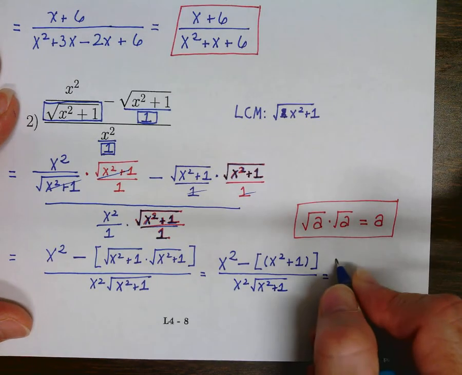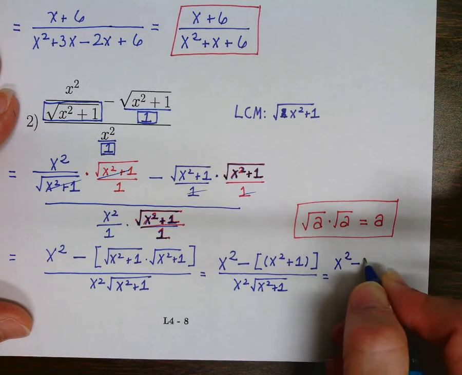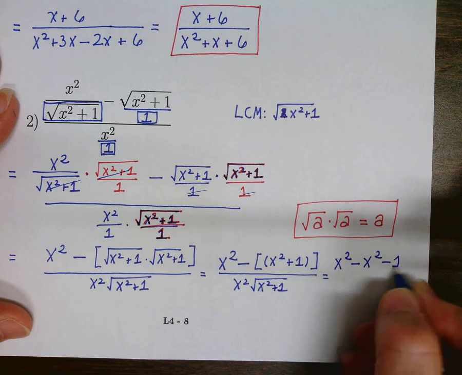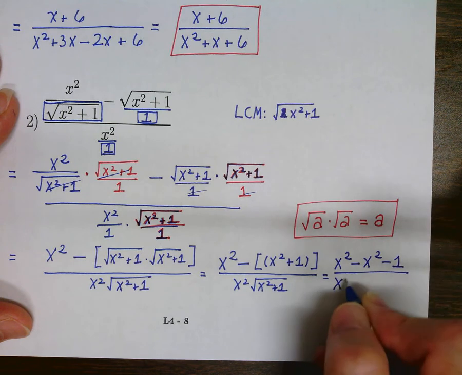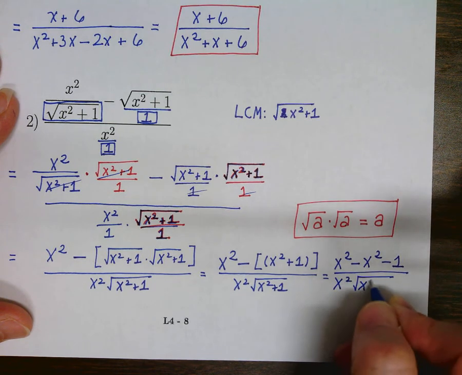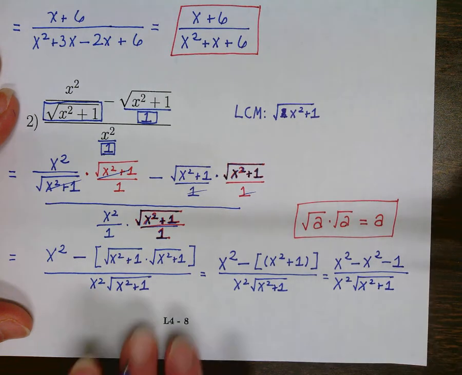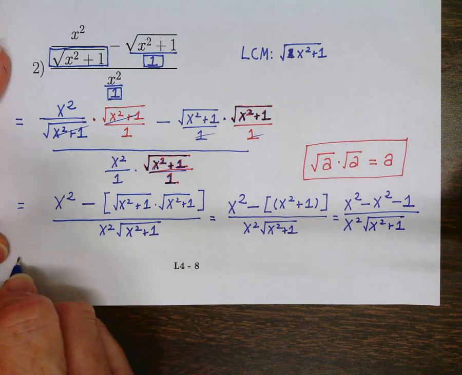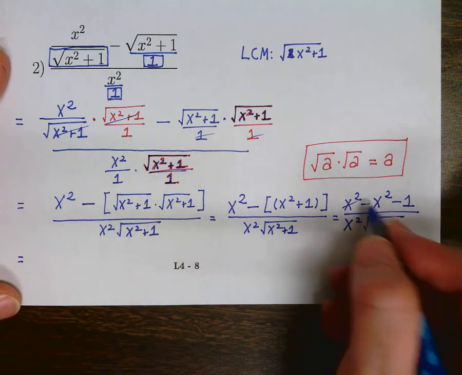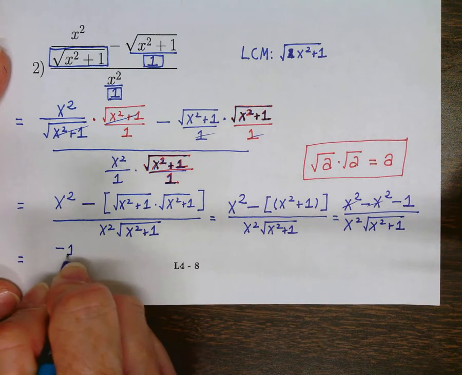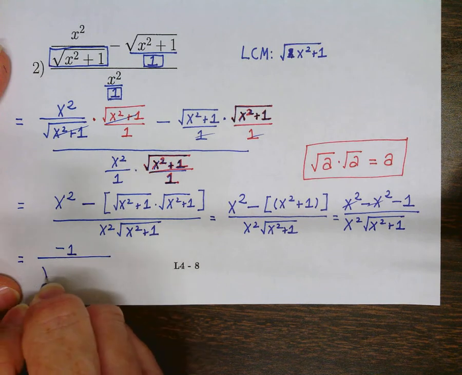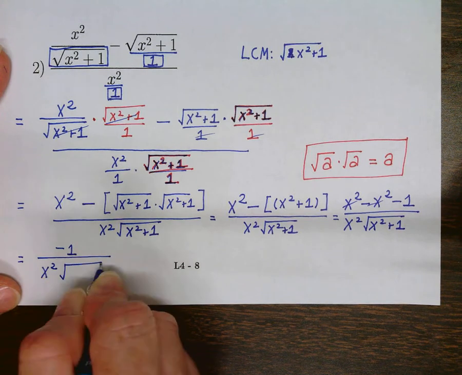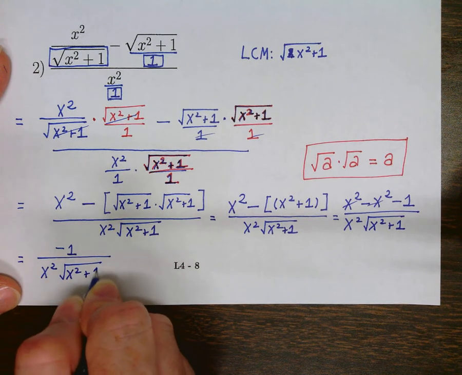And when I distribute that, I get minus x squared minus 1. And that's my result. Okay? And if we continue, notice we just get cancellation. We just get negative 1 over x squared times x squared plus 1.